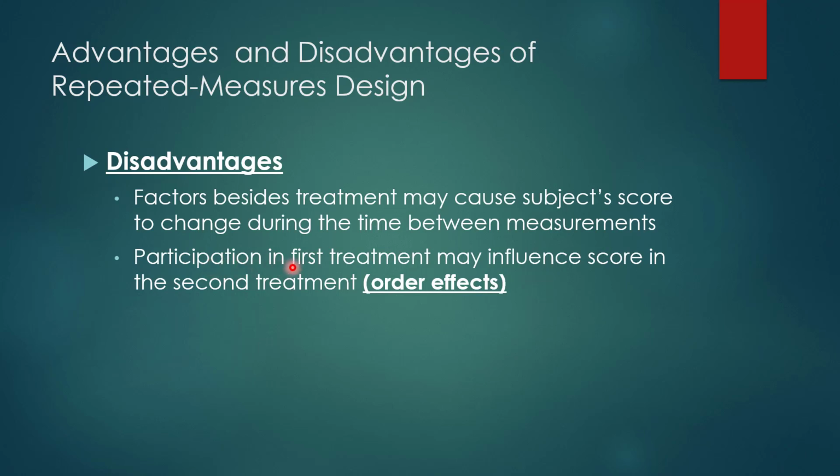So participation in the first treatment may influence scores in the second treatment. And like I mentioned, there are some other ones as well that you may learn more about in other classes. But we're going to discuss a little bit more these order effects, the idea that treatment in the first condition could influence a score in the second condition, and how would we control for that?